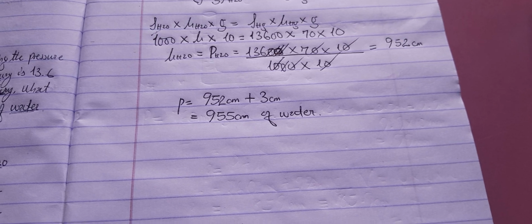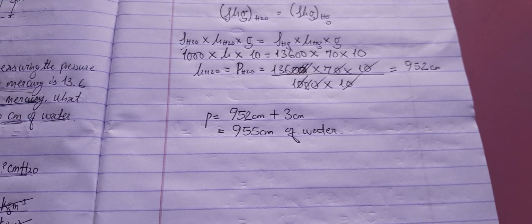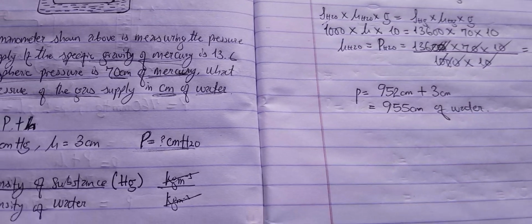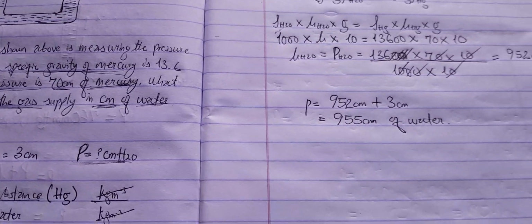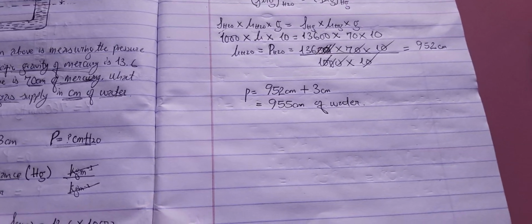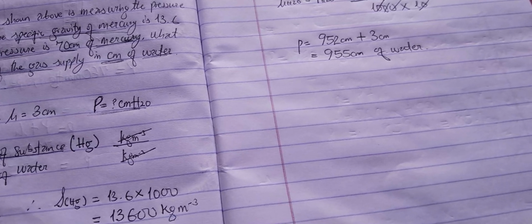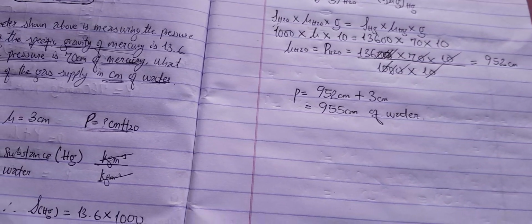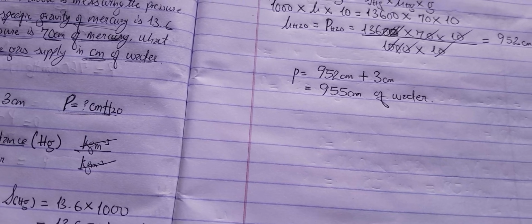And that's what we've done. And then we got the atmospheric pressure of water, and then we equate it into the formula, which is gas supply is equal to atmospheric pressure plus the height, which is the same thing as the column of the height of either water or mercury. So we've come to an end of this.